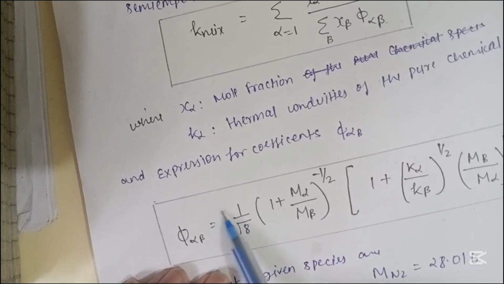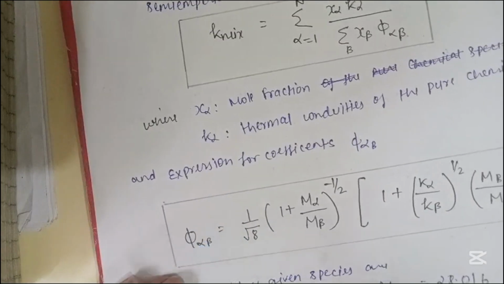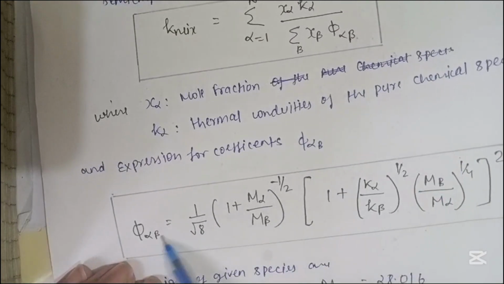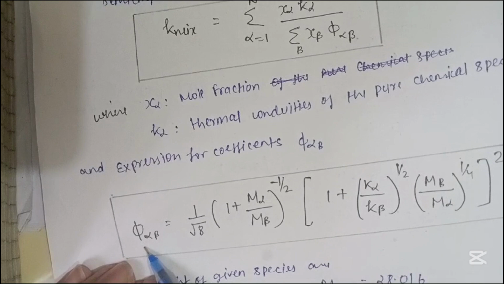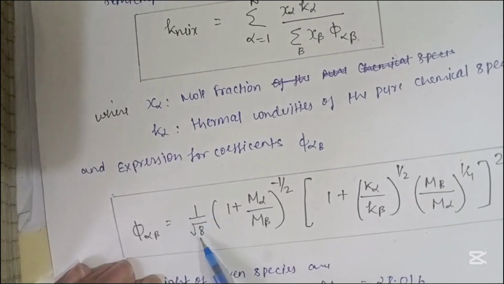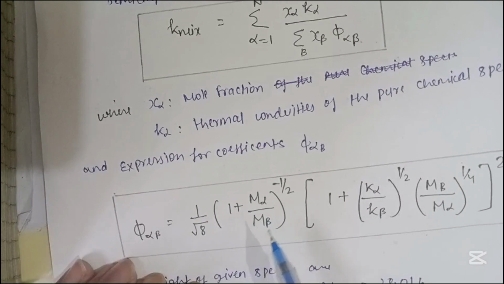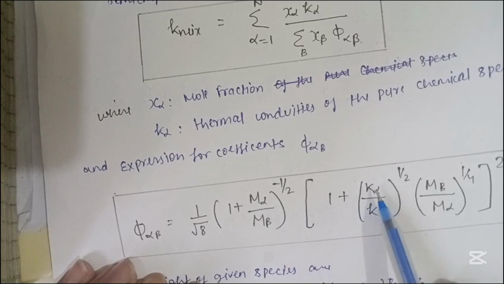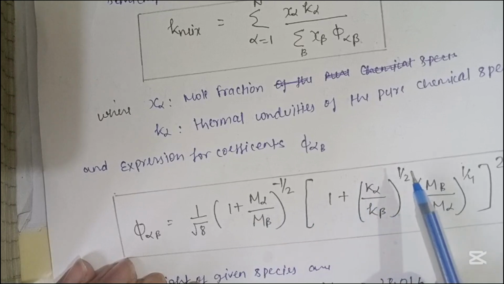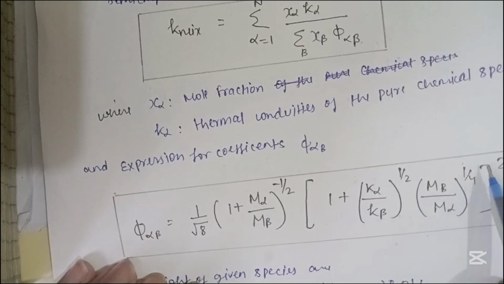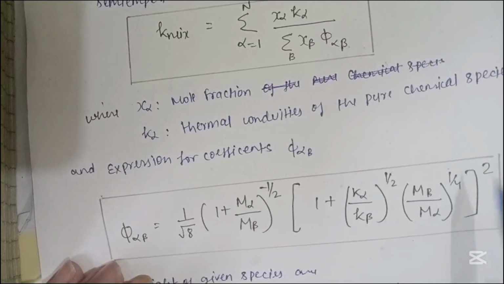Phi alpha beta, that is, we will calculate one species related to another species, so it's written as phi alpha beta. It's equal to 1 upon under root 8 into (1 plus m alpha upon m beta) to the power minus half into [1 plus (k alpha upon k beta) to the power half into (m beta upon m alpha) to the power 1 by 4] to the whole square.